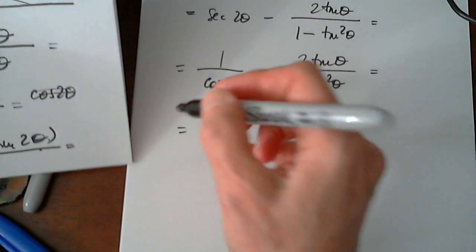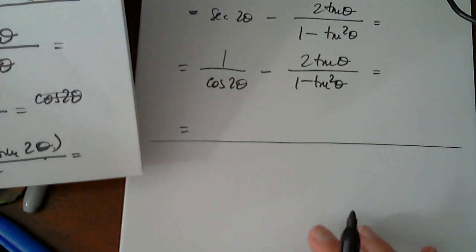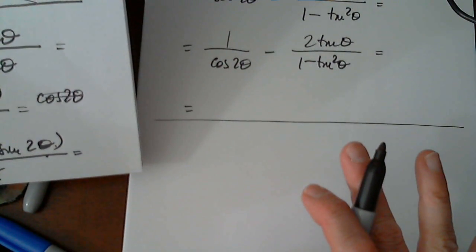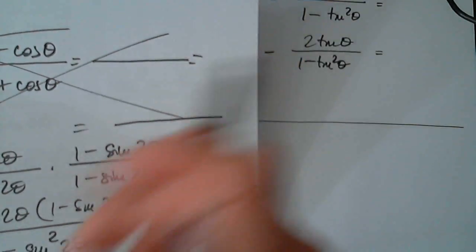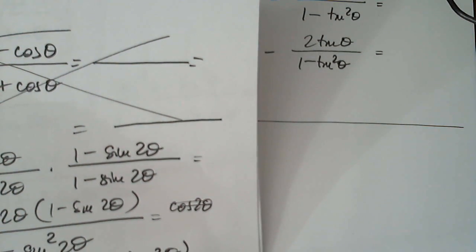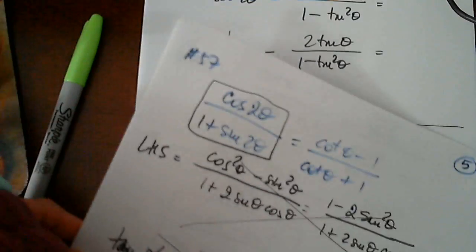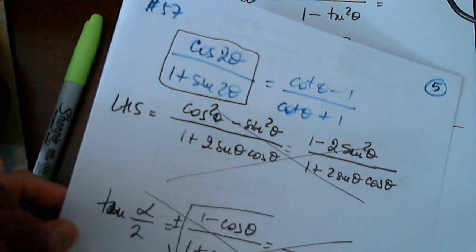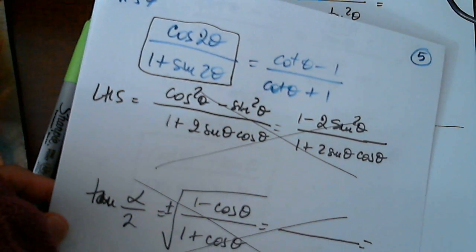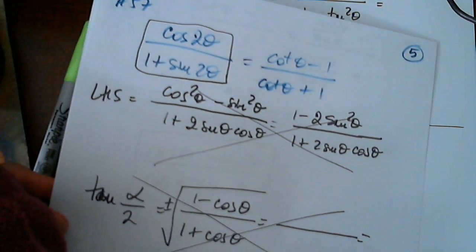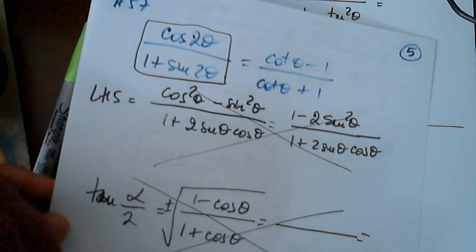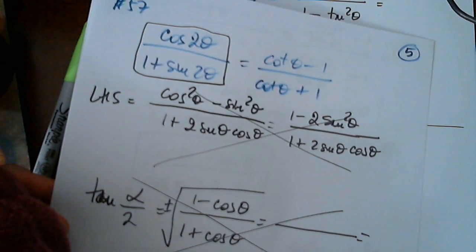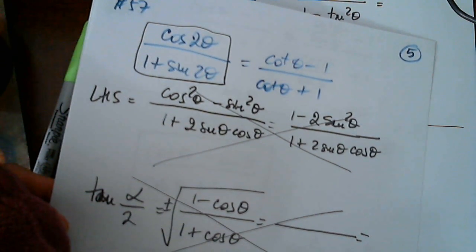I don't want to waste our time. I will finish this after we finish tonight. I will not let it go. Cosine 2 theta. I don't think I copied anything wrong. I double checked. Oh, oops, where's my? It was cosine 2 theta over 1 plus sine 2 theta. It was indeed cotangent, both of them, minus 1, plus 1.